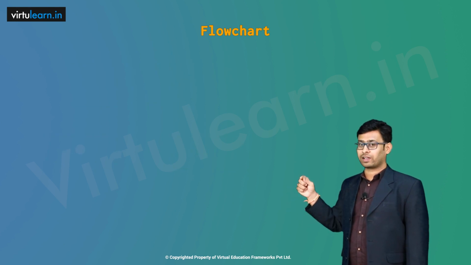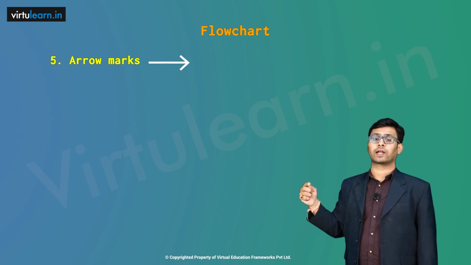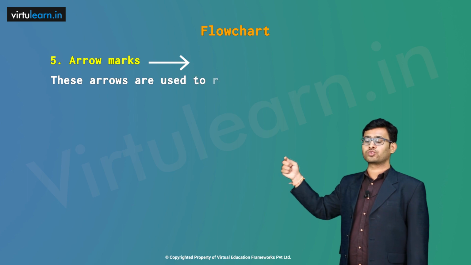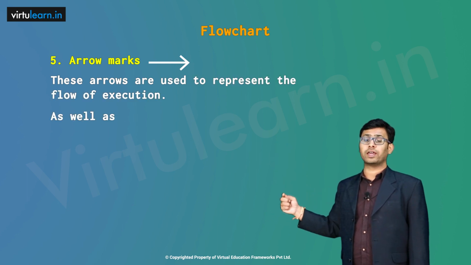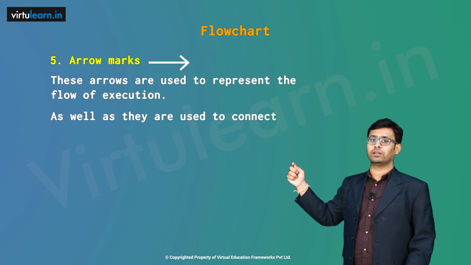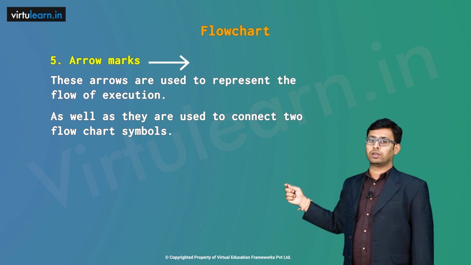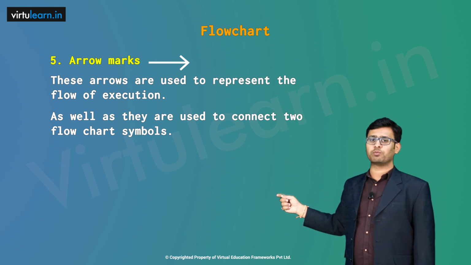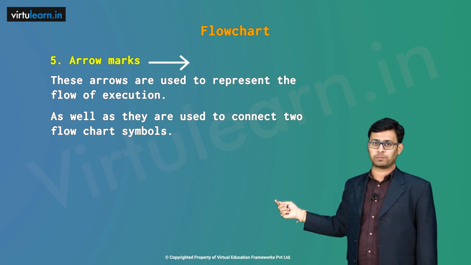Next we have the arrow marks, which we are going to call connectors. These arrows are used to represent the flow of execution, as well as for connecting two flowchart symbols. There are different flowchart symbols which may be used, but these are very important ones.